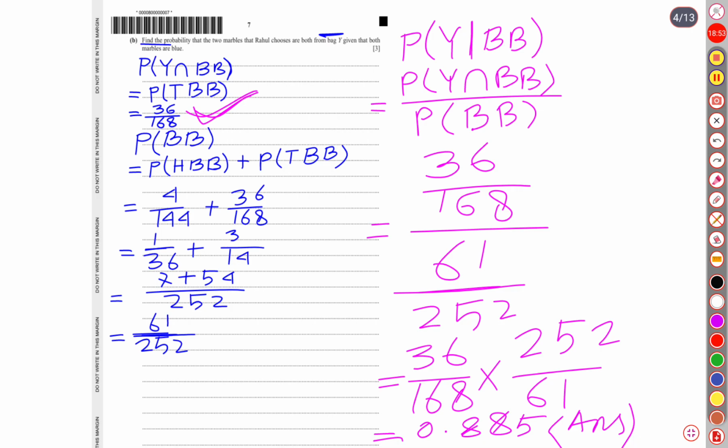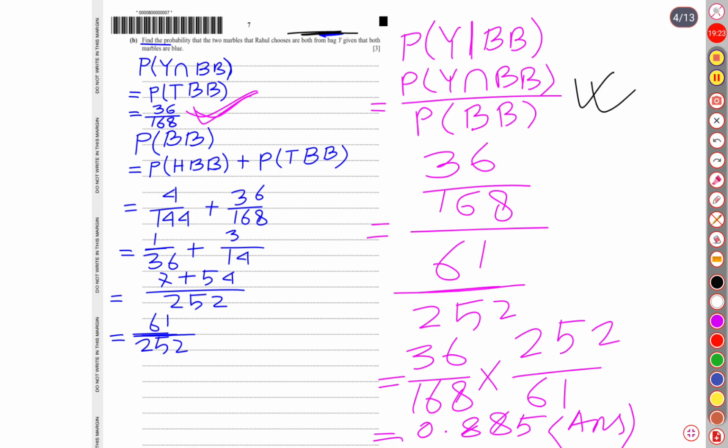Okay, I think you have understood. So if the word given that is mentioned, then we will use this formula. Remember, we should not forget that they have told us Y, given that, from bag Y, given that both marbles are blue. So it is actually Y intersection blue, blue over all blues, irrespective of other restrictions.